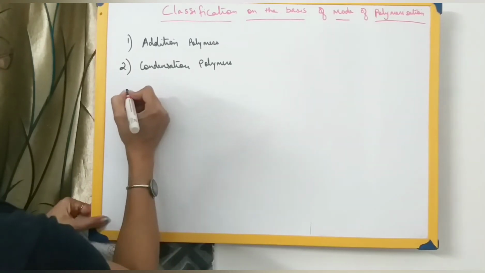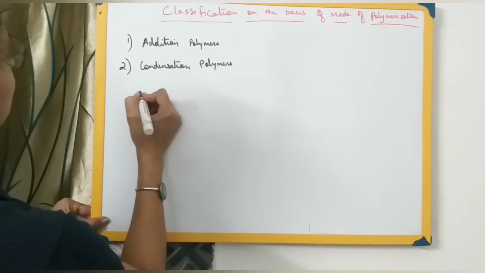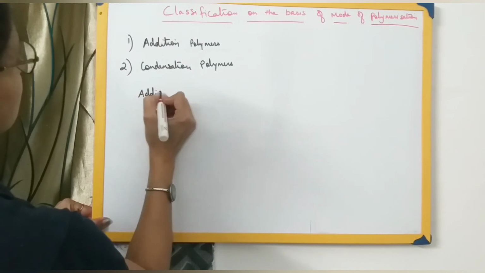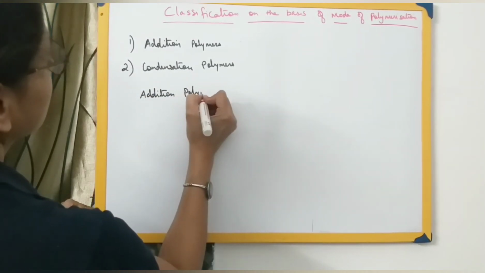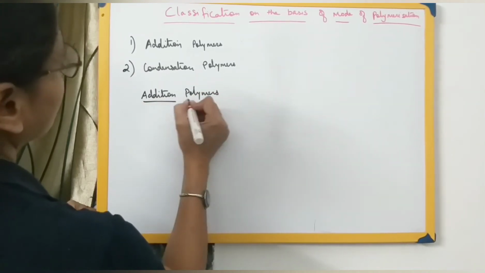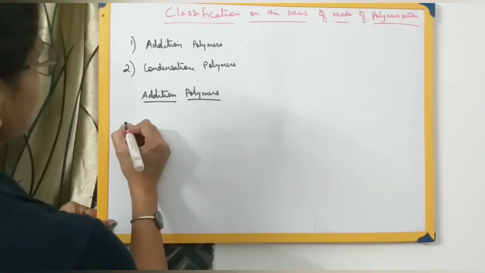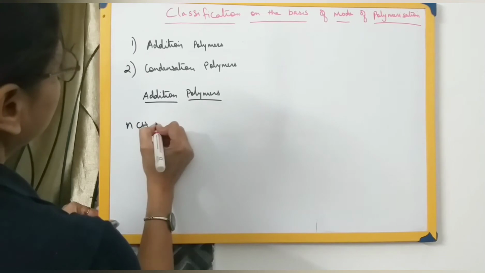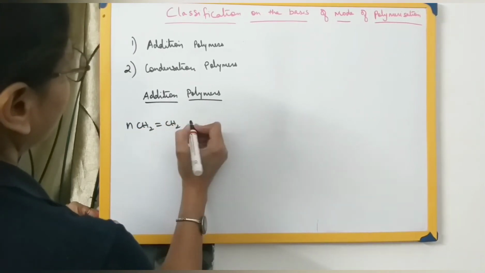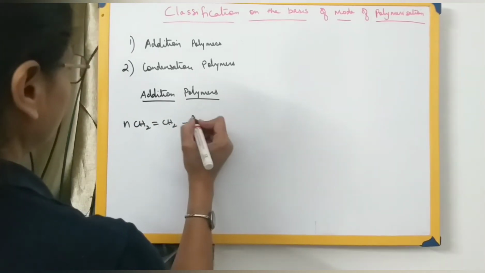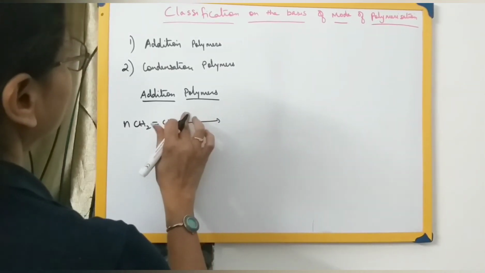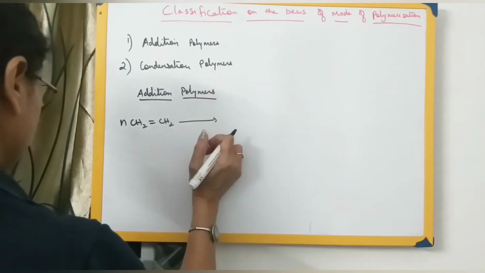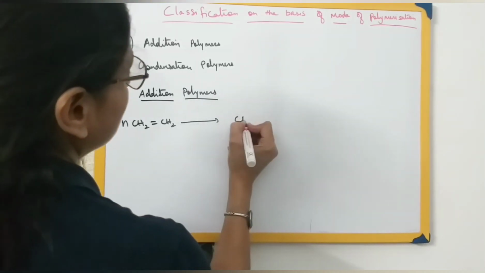So first we come to the addition polymers. We come back to our same example of ethene. It undergoes polymerization, the addition polymerization reaction. First we will see how it takes place. Here this will be CH2.